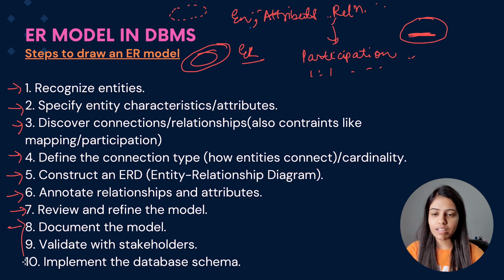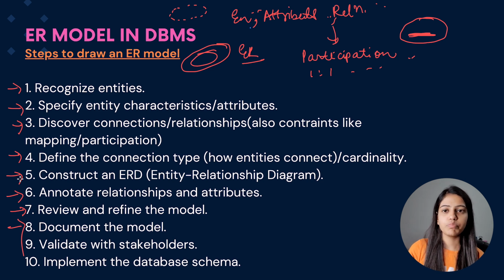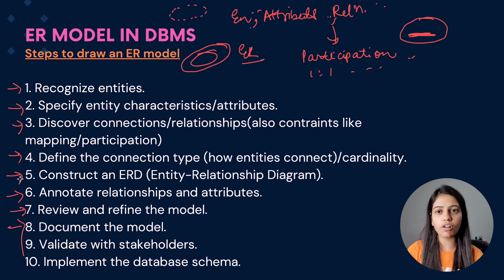Now document the model. So you can also go ahead and document the model, what all things you have done. Like you can document that the library has a relationship with books, books have a relationship with the details, or books have a relationship with students who are taking the books. So you can document all the relationships which books have, which library has, which student has, in a proper documented format.